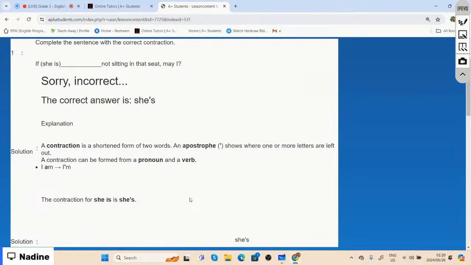We say that a contraction can be formed from a pronoun and a verb. The pronoun will stay the same, so we will shorten the verb. We will leave out letters in the verb and then add our apostrophe there. Remember, even if we remove more than one letter, we only add one apostrophe. You don't add more than one apostrophe when you remove more than one letter.